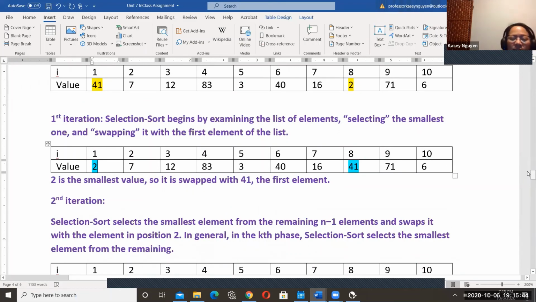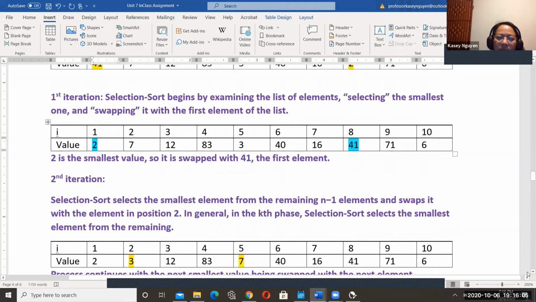Then in the second iteration, it selects the next smallest element of the n minus 1 elements and swaps it into position 2. And it would do that for the remaining. Okay.